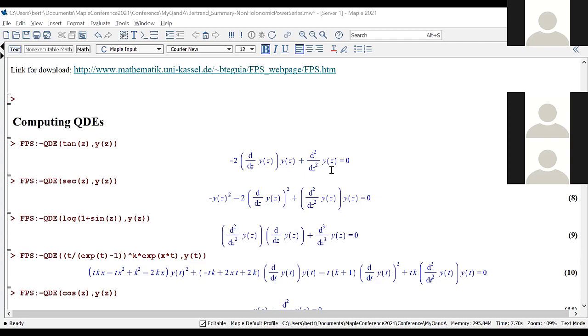But this is not what we do. So we have defined some class of functions, and in our iteration we do not fix the order of the polynomials. So only the degree of the differential equation is fixed.